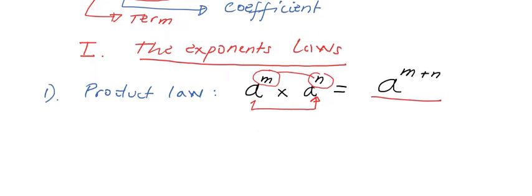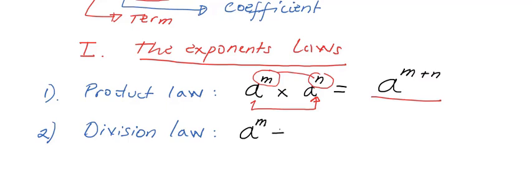Let's discuss the second law, which is the division law. Again the same base. Let's give a^m divided by a^n. How can you simplify this expression? Remember, again, same base.